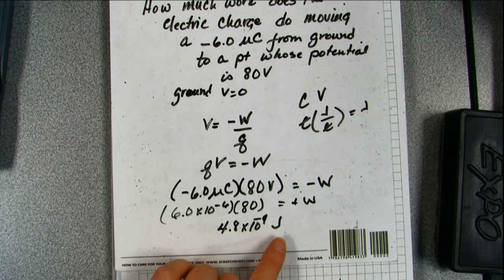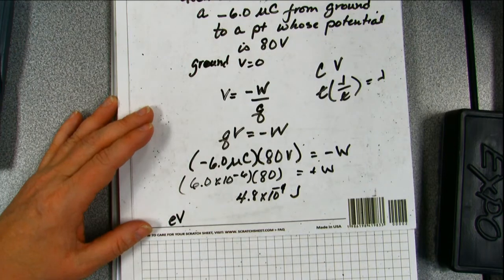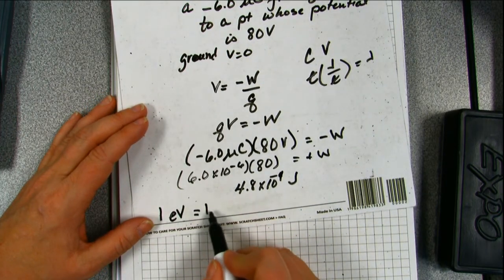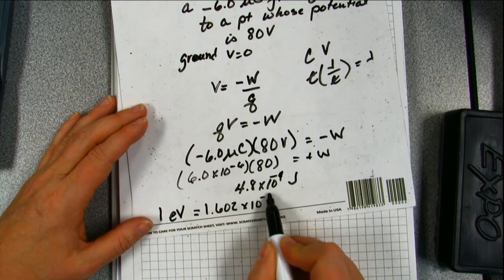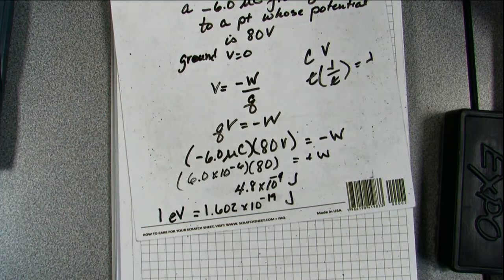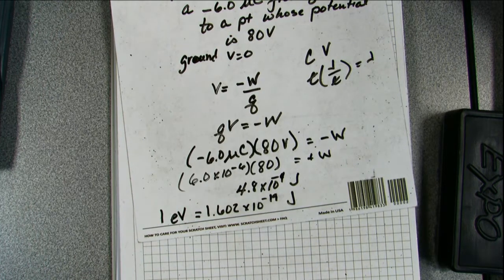Now, we also use a unit of energy called an electron volt. An electron volt is defined as 1.602 times 10 to the minus 19 joules. That's the charge on an electron, so 1 electron volt is that many joules.